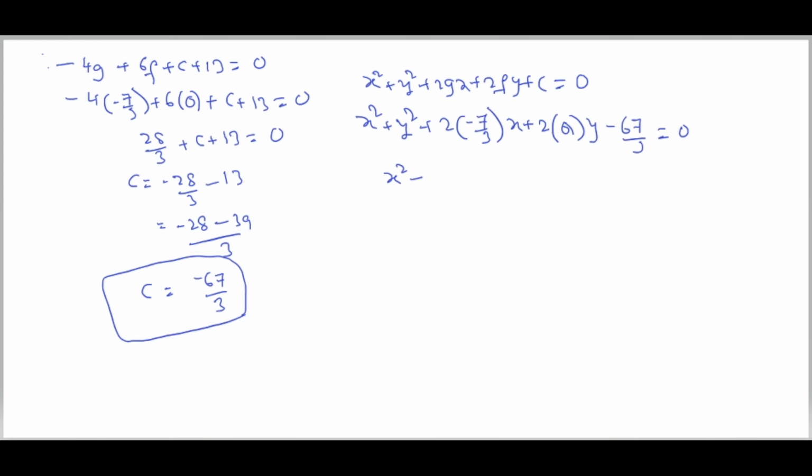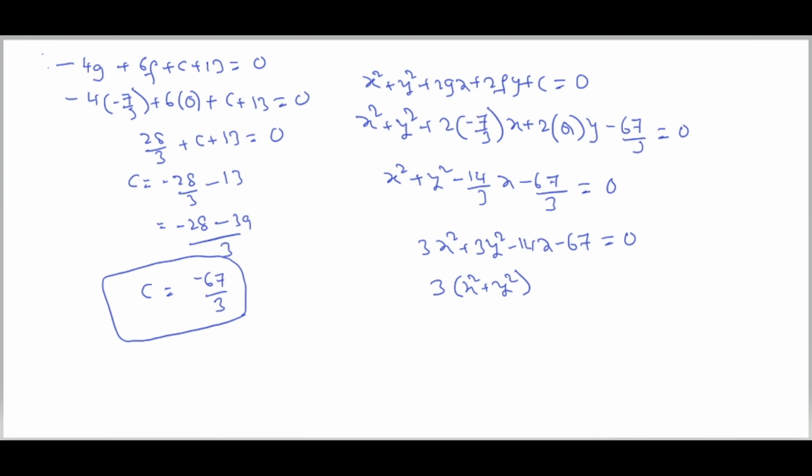Therefore x square plus y square minus 14 by 3 into x minus 67 by 3 is equal to 0. Take LCM, that is 3x square plus 3y square minus 14x minus 67 is equal to 0. Therefore the equation of the circle is 3 into x square plus y square minus 14x minus 67 is equal to 0. That is the answer.